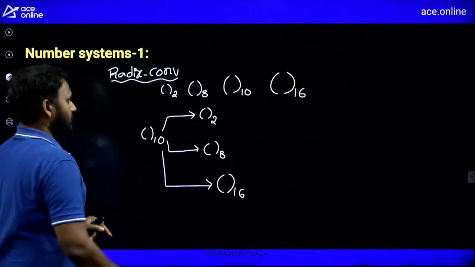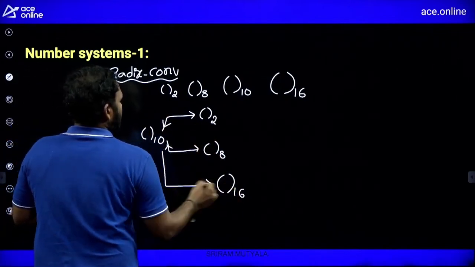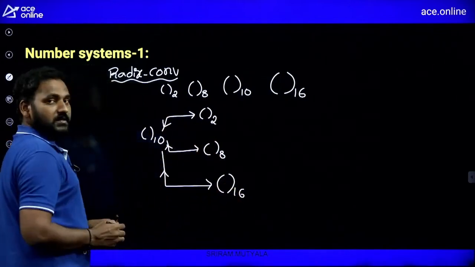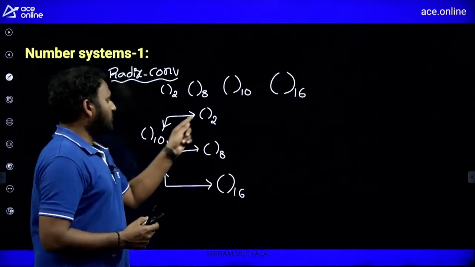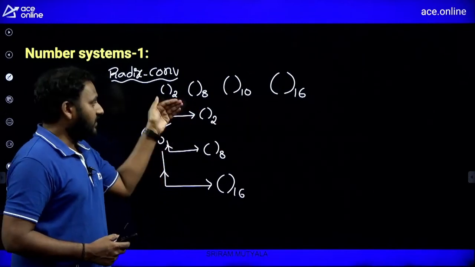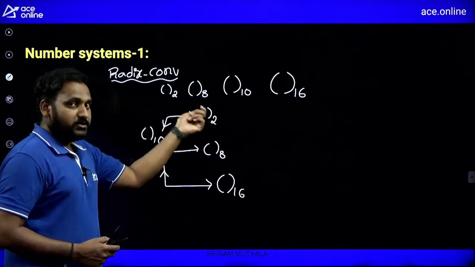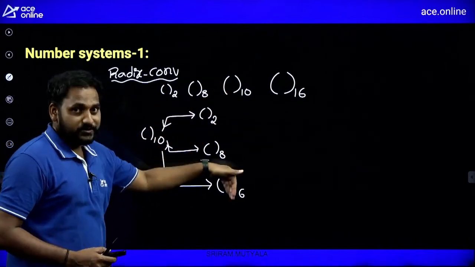And again the reverse: binary to decimal, octal to decimal, hexadecimal to decimal. Converting decimal to others, we need to take the quotient and remainder. We should divide the number. For example, you take decimal number 12 by 2, you write the quotient and remainder, you know the procedure.